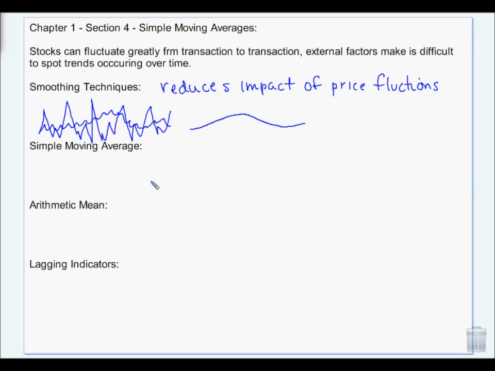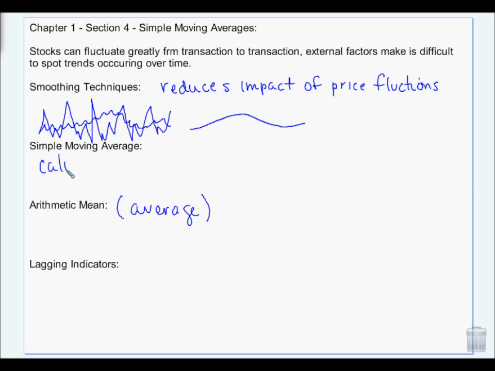Okay, one of the techniques is a simple moving average, and what the simple moving average does is it calculates the arithmetic mean, which is just the average. That's all that means.